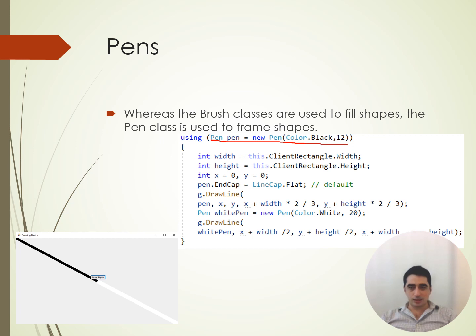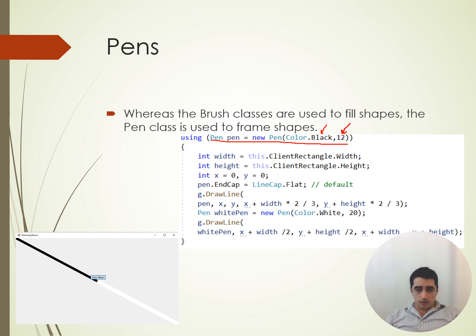You can pass, let's say, a color as its first parameter, and the width as its second parameter of its constructor, and this way you can create a pen. Now this pen has a width of 12 pixels, and the color is black. You can change the color or the width if you want a different color, or if you want a thinner or thicker line. I should say thinner or thicker pen.